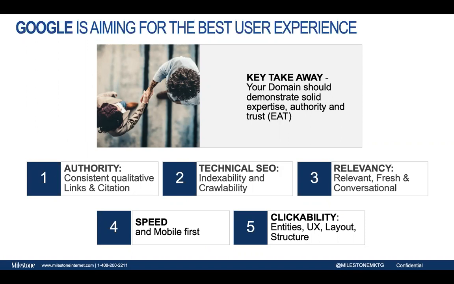The last piece is having a clean layout, making sure you identify the key entities that you want to optimize for on your page as well as on your domain, making sure you give a great user experience, be it animation, be it videos, be it content, making sure that your layout and the user experience is awesome. And finally, this is one of the critical elements: marking up your data with the right structure and right schema is going to get you further, more and more into the Google homepage, right?